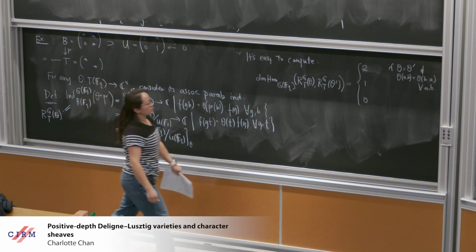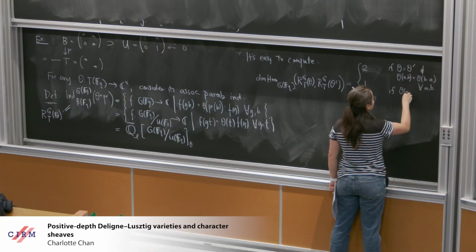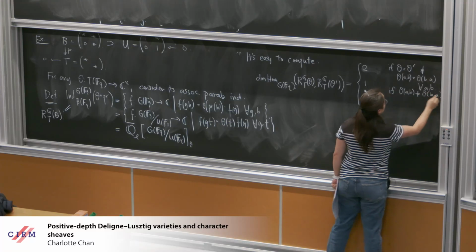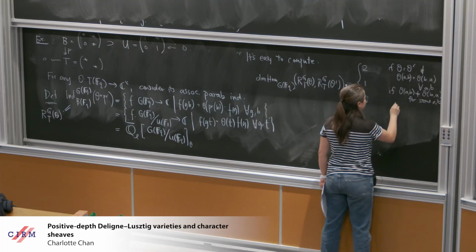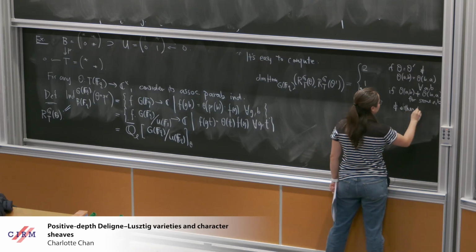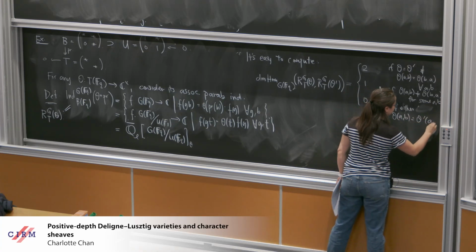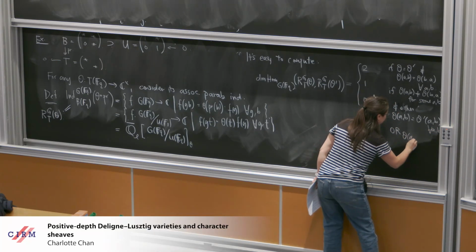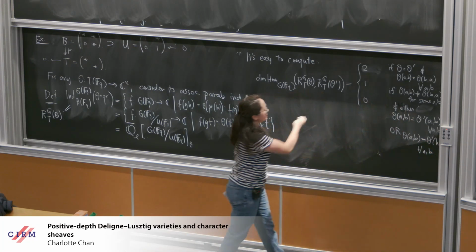It's going to be equal to 1 if theta of AB is not equal to theta of BA for some A and B, and either theta of AB is equal to theta prime of AB for all A and B, or theta of AB is equal to theta prime of BA for all A and B. And then it's equal to 0 otherwise.